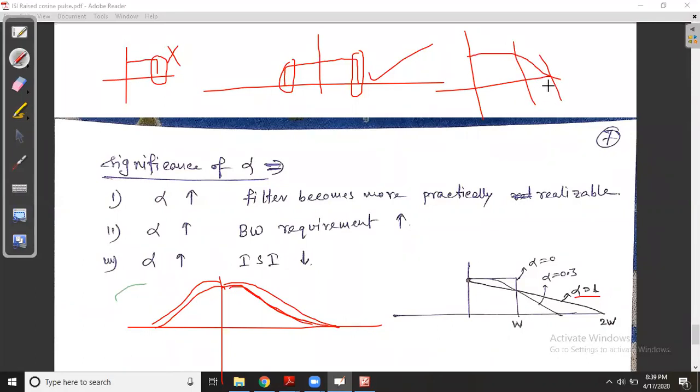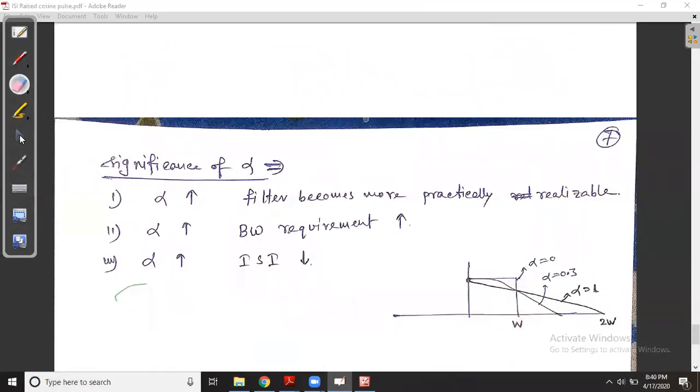How to get this kind of pulse? By increasing the value of alpha. That is the first point: by increasing the value of alpha, the filter becomes more practically realizable, because the sharp cutting nature will not be there.